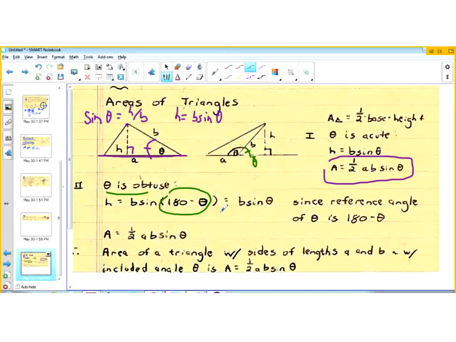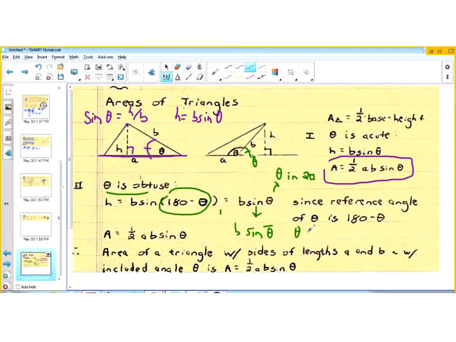So there's a missing step here. I see. Okay, so this quantity right here, based on where theta is in Q2. Theta is a Q2 angle. So since we're in quadrant 2, b sine theta is equal to b times the sine of its reference angle.